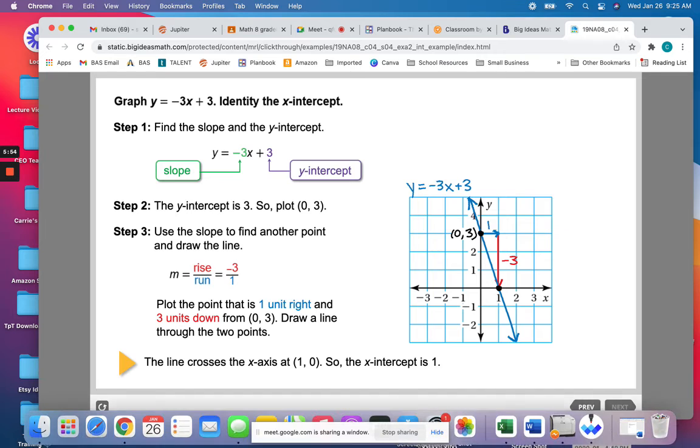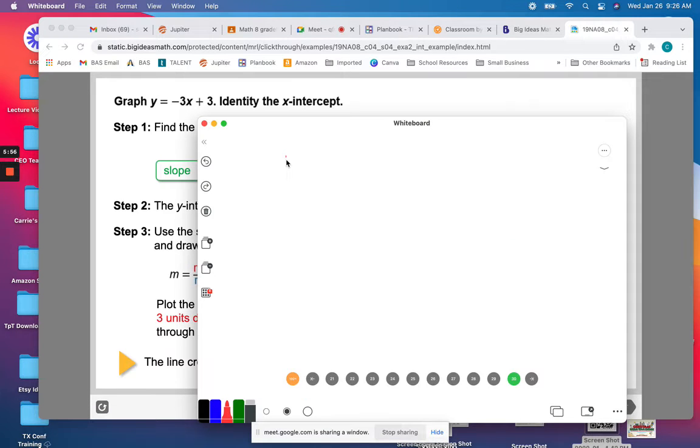Okay, so when you have your y equals -3x plus 3, they want you to find the x-intercept. So think about this with me.